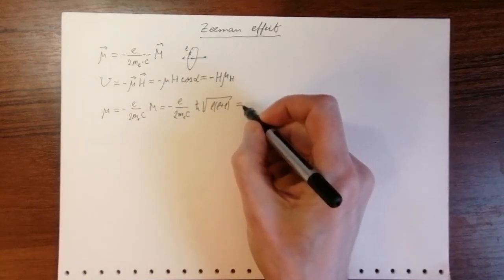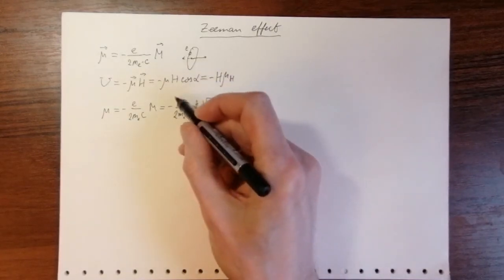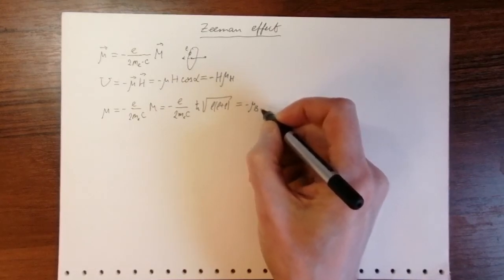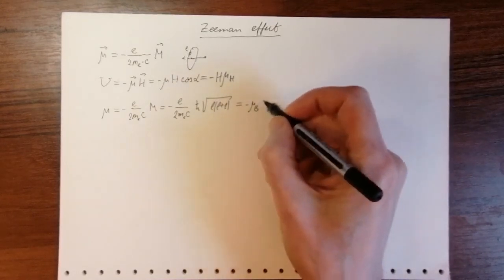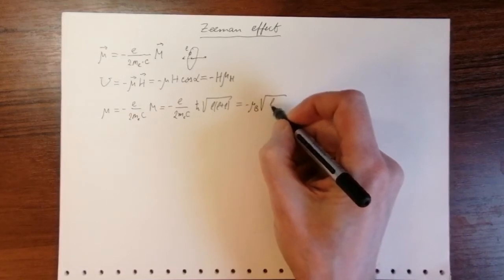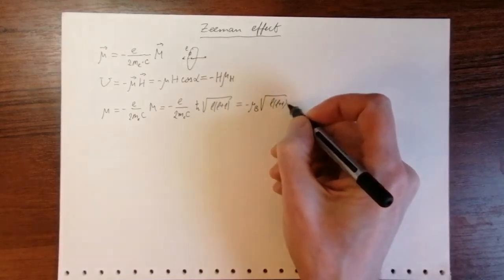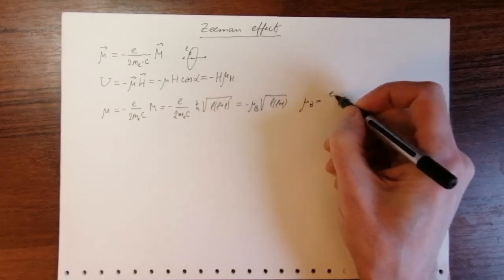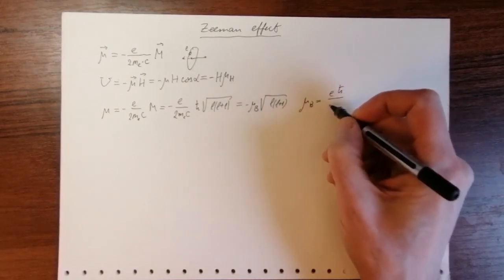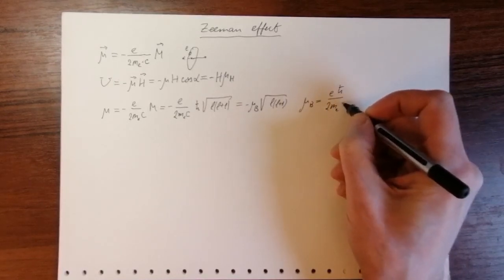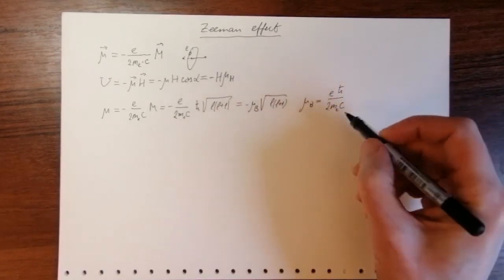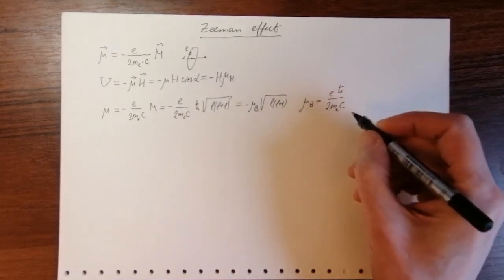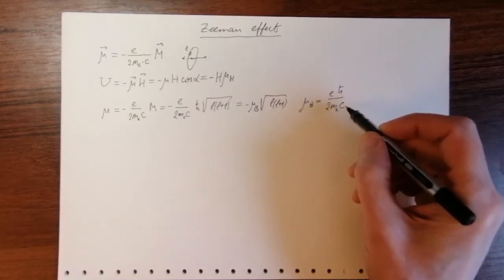This term is usually denoted as mu_B and is called a Bohr's magneton, and this mu_B is eh over 2 m_e c, in the corresponding system of units in which we use c here.